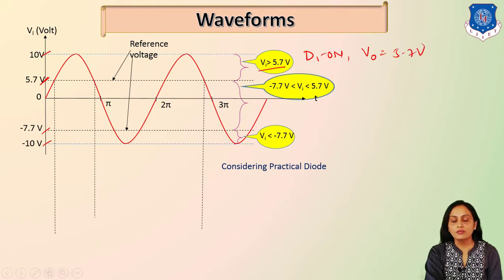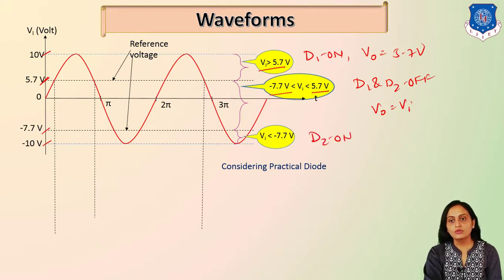And for middle part, that is input is less than 5.7 and greater than minus 7.7, D1 and D2 both are off, and output is equal to input. And for this third case, only D2 is on and output voltage is equal to minus 7.7.